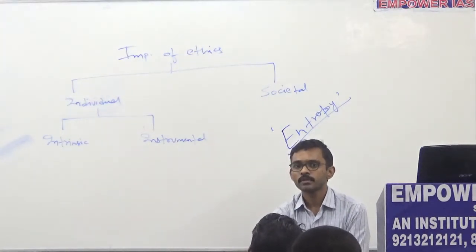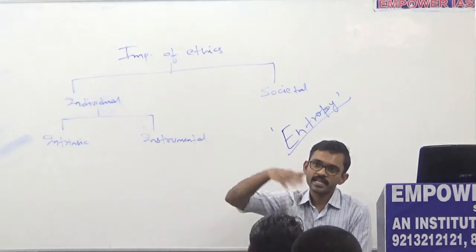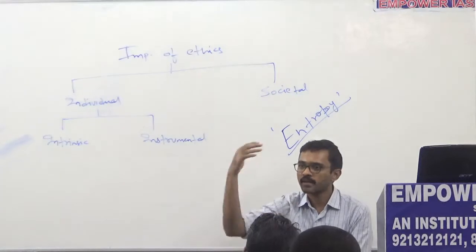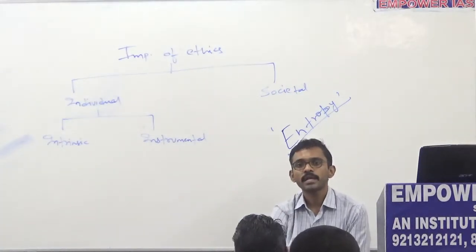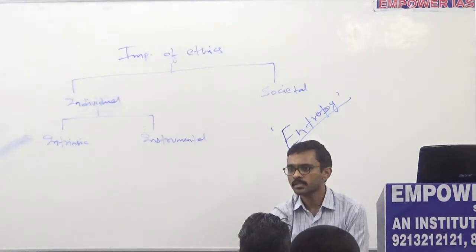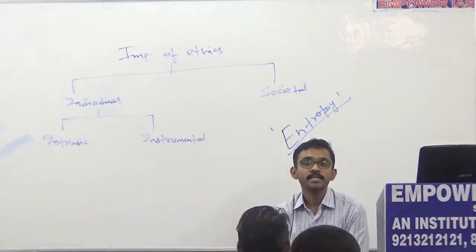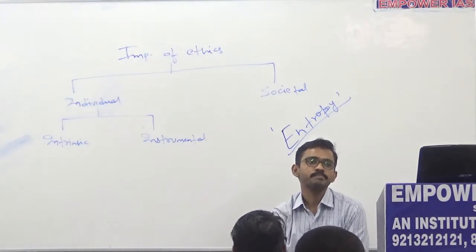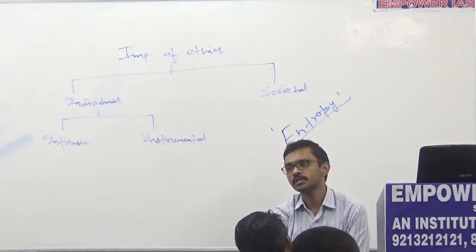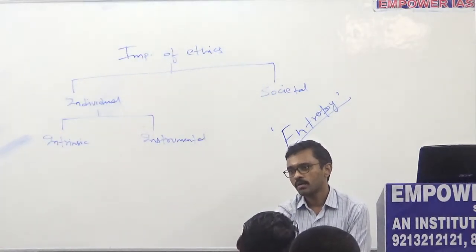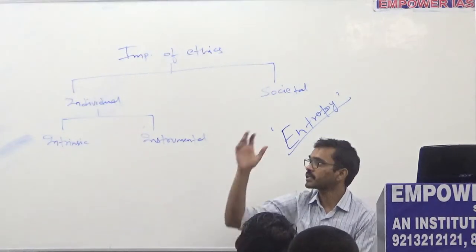So civilizations and empires have risen and fallen because of ethics, or rather lack of ethics. Understand? Similarly, in contemporary times, Japan is a very good example of the importance of ethics at the societal level.